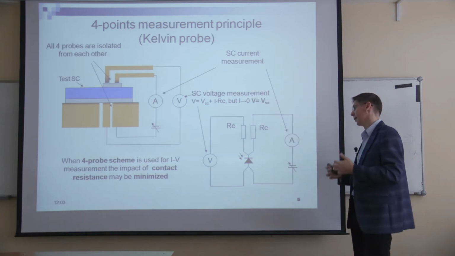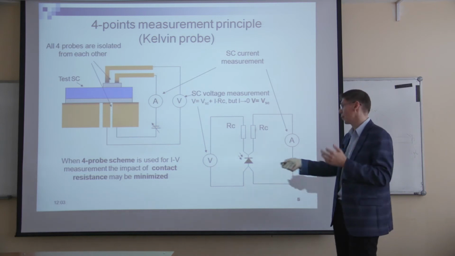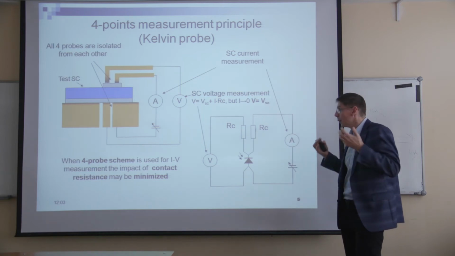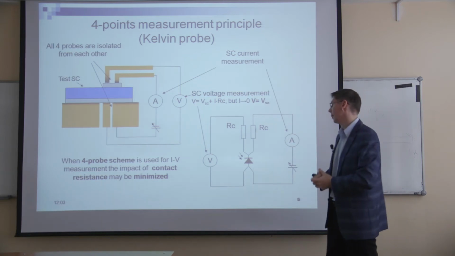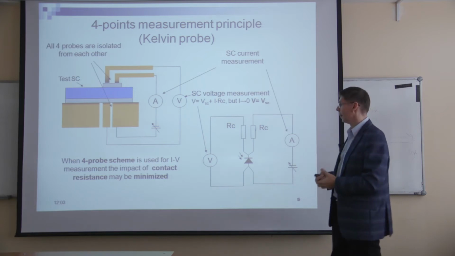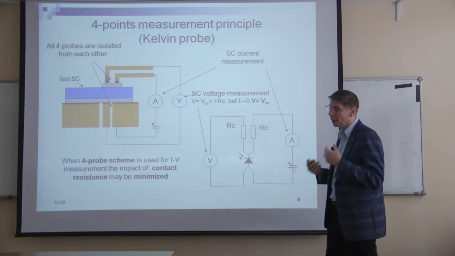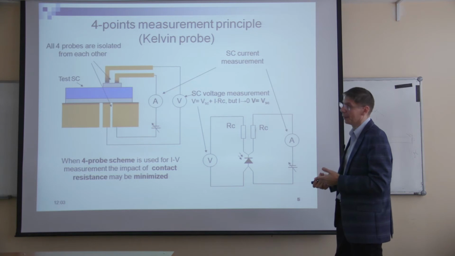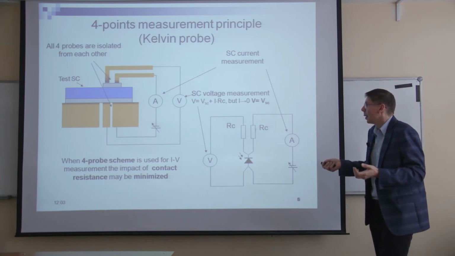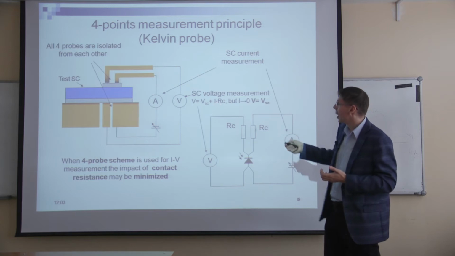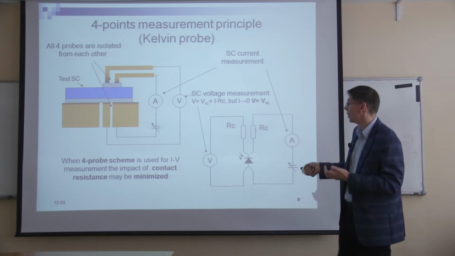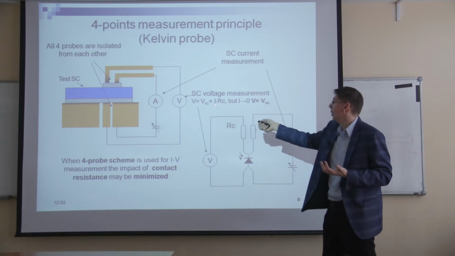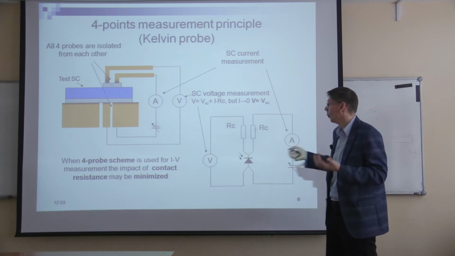A lot of years ago it was maybe a problem to find this kind of device, but now it's quite simple. Even the cheapest device has a very significant internal resistance, and in this case you can actually neglect the current in this circuit, and it means that if your current is almost equal to 0, you have almost 0 voltage drop on this contact resistance.